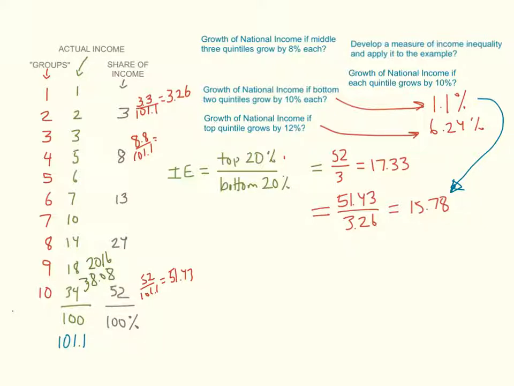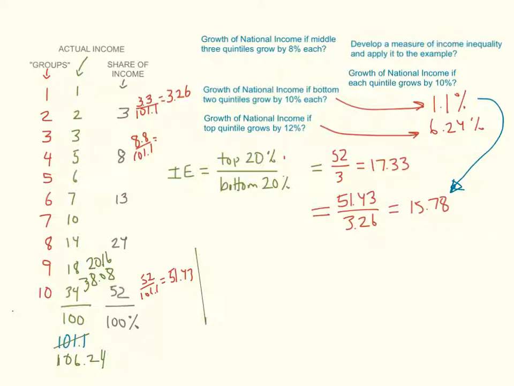And if I take those increases and add it to what total income used to be, you can see that total income is no longer 101.1, it's going to be 106.24.